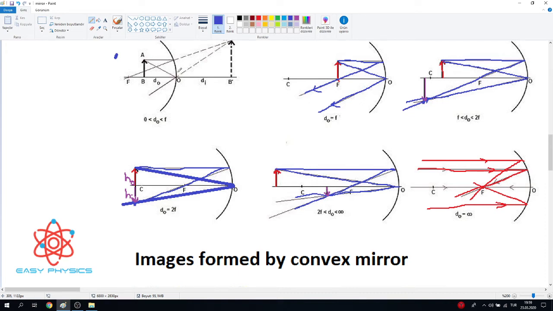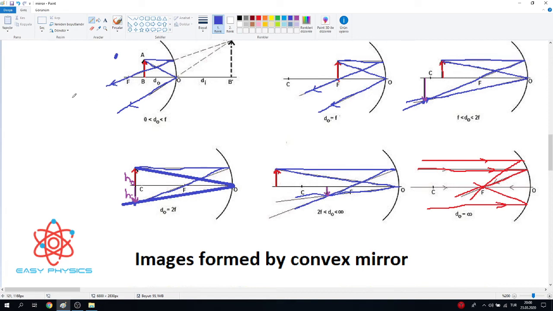Okay, next let's move the object toward the mirror, and now the new location is between the focal point and the mirror. So let's use two other light rays, one parallel to the principal axis. It will reflect from the focal point. Another one to the pole will reflect with the same angle. As you see, these two reflected rays are diverging from each other.